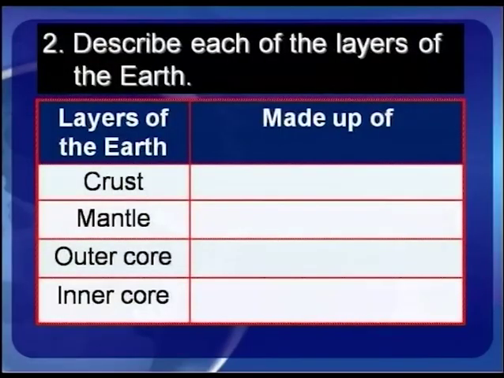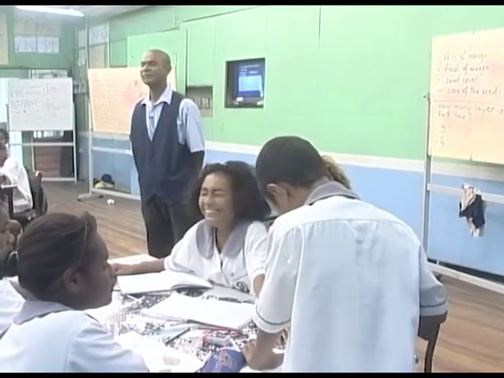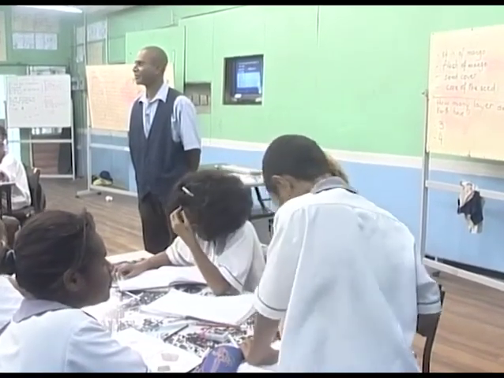Thank you, Uval, for that answer. Good. Any other descriptions to add on to the mantle? Robert, what is the mantle made up of? Uval said made up of solid rock. What else can you say about the mantle? Rock like stiff red hot jelly.